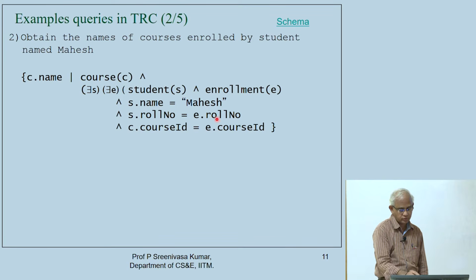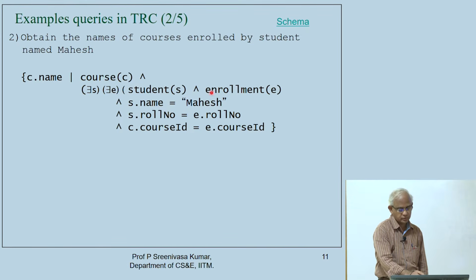So S dot roll number should be equal to E dot roll number, and since we are interested in courses done by that student, E dot course ID should be the current course under consideration. So for the current course under consideration, we are checking this condition: does this correspond to a student named Mahesh?